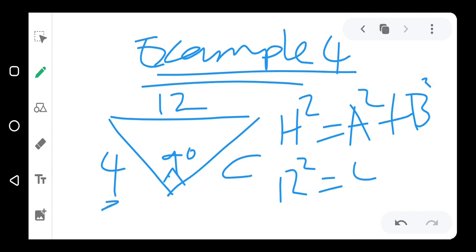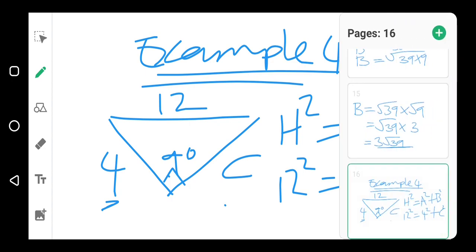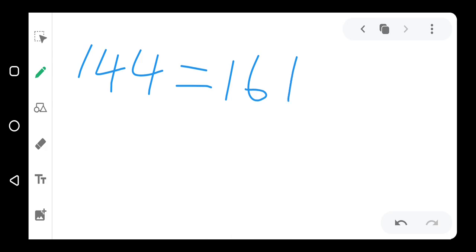So we have 4 squared, and the second adjacent is this c squared. Now we are going to have that 12 squared is 144 is equal to 4 squared is 16 plus c squared.